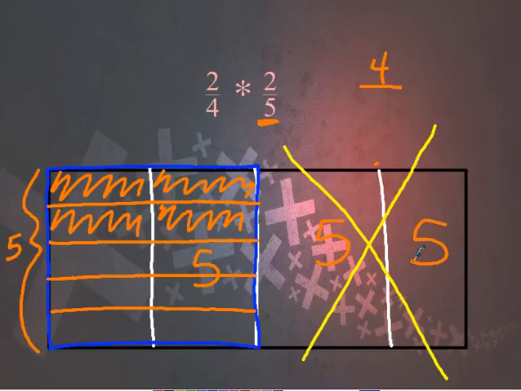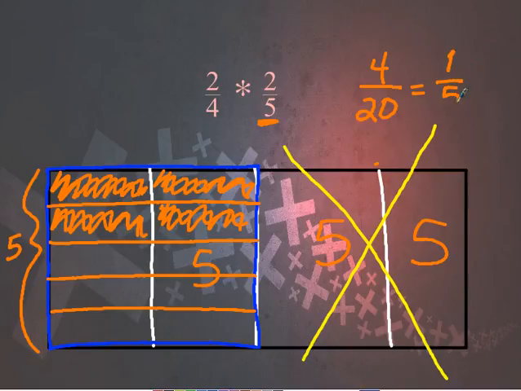So now this big rectangle that we have outlined in black isn't chopped into just 4 or just 5, it's actually chopped into 20. And I only want these 4 from those 20. And I can simplify it and say that that is equal to 1/5.